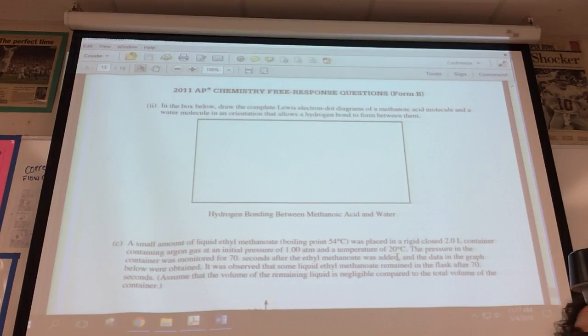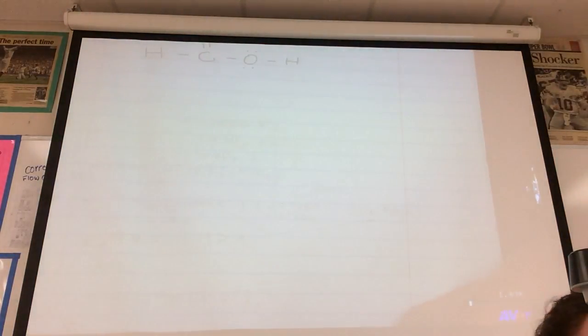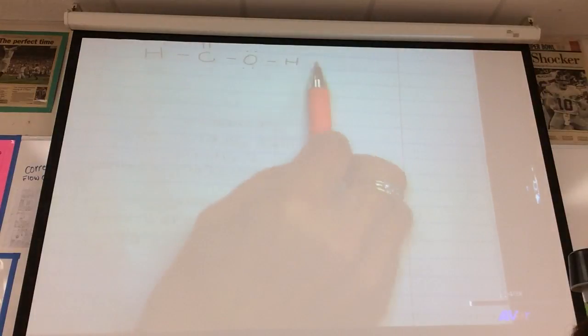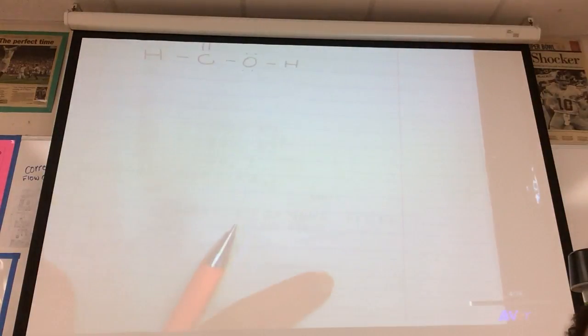And this is a cute little question. In the box below, draw the complete Lewis electron diagrams of methanoic acid and a water molecule in an orientation that allows a hydrogen bond to form between them. Which hydrogen is capable of forming a hydrogen bond?